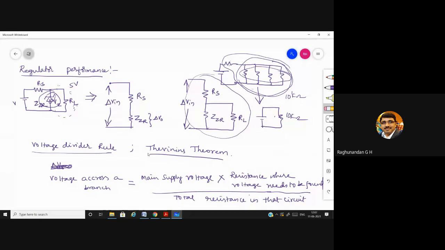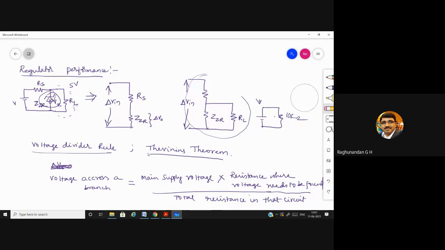Okay. Now, as I have given the formula, can anyone tell me the equation using this formula? VO is equal to V in... Yeah, you just tell me. Voltage across a branch. We have to find V output, right, sir? Yes, correct.